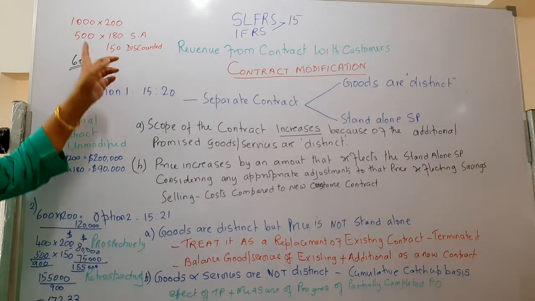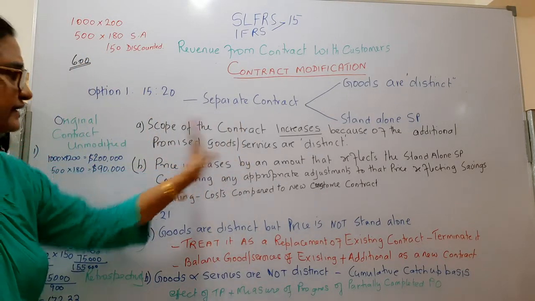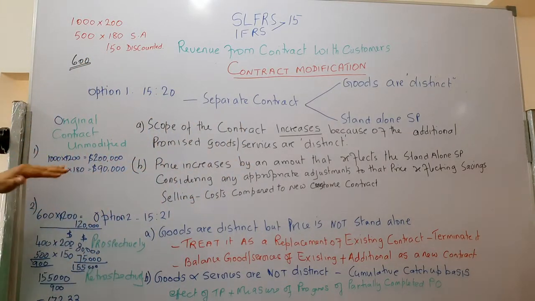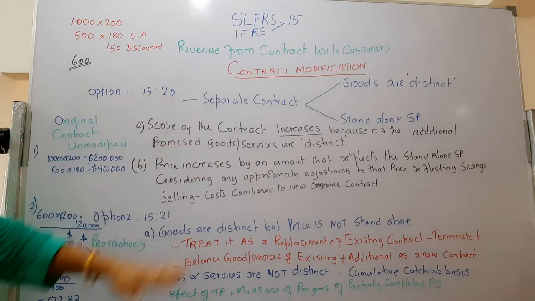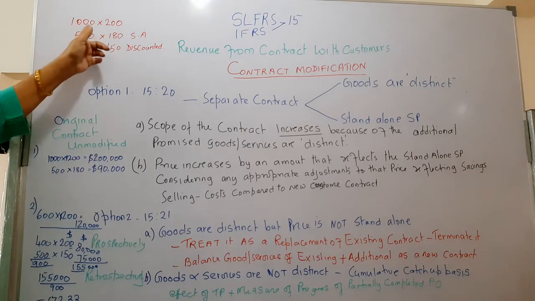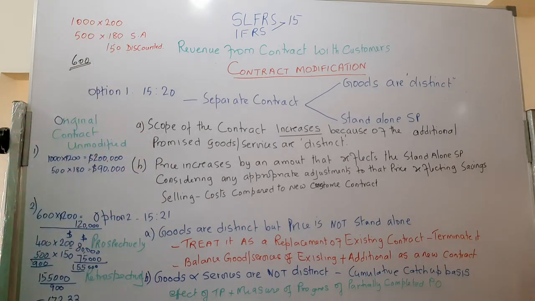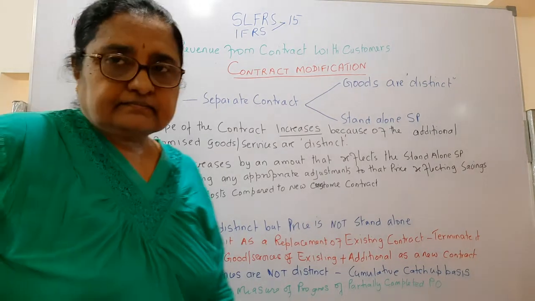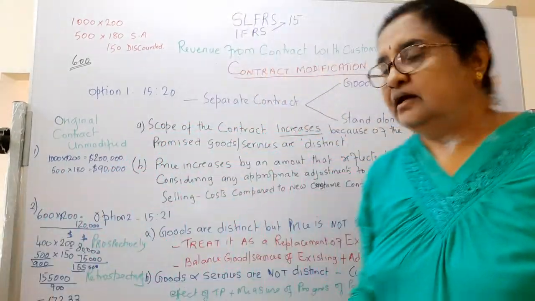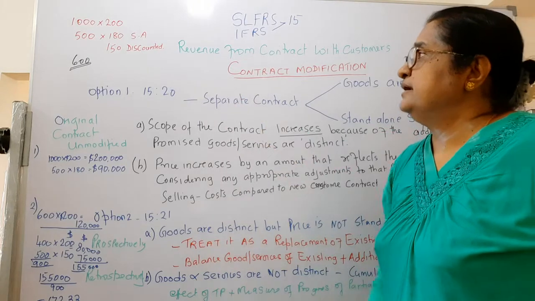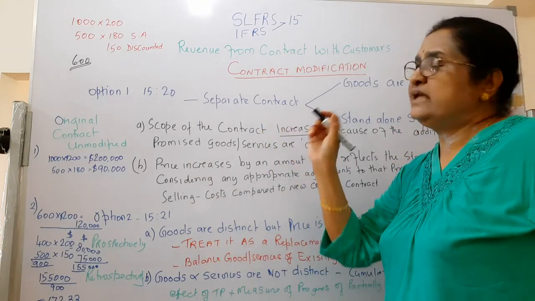Now we are coming back to this example. How can we treat it? If it is treated as a separate contract, that is 1000 laptops at 200 is one contract, and 500 laptops at 180 standalone.